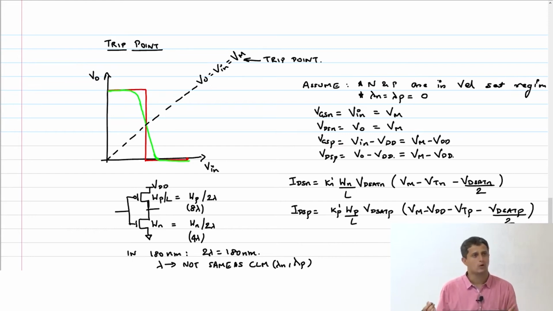I have to go back to my old condition, IDSN is equal to minus IDSP, right? Therefore IDSN equals minus IDSP.